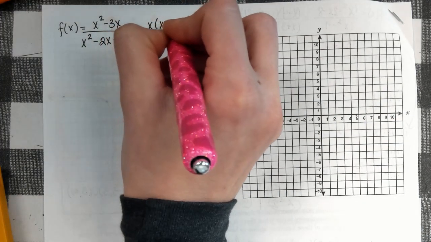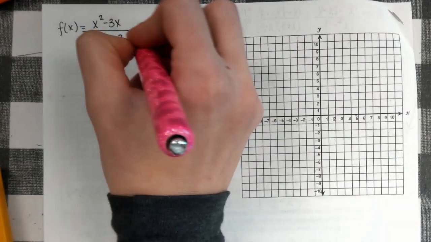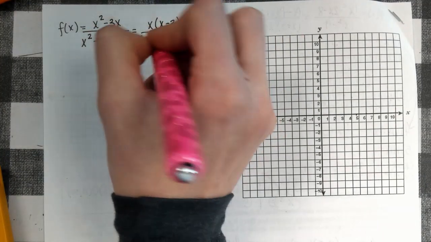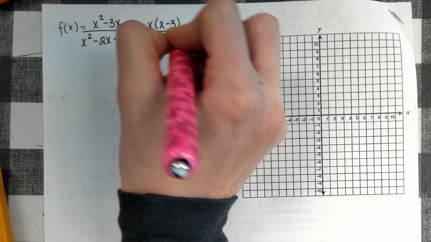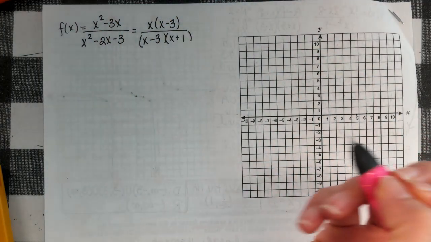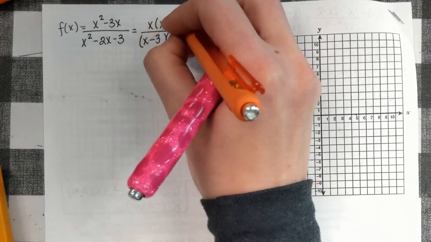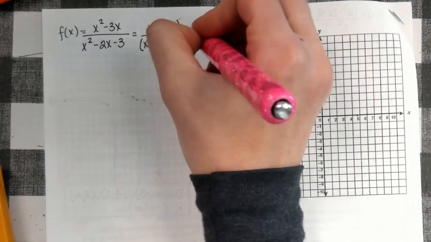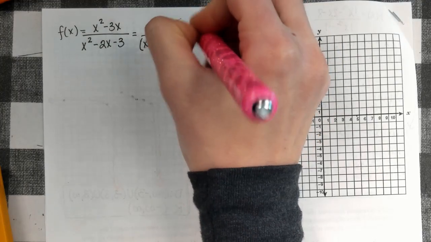Put down the x as GCF, so x times x minus 3 leaves me with, what is my denominator? x minus 3 and x plus 1. So what happens? x minus 3 and x minus 3 cancel, leaving me with x over x plus 1.